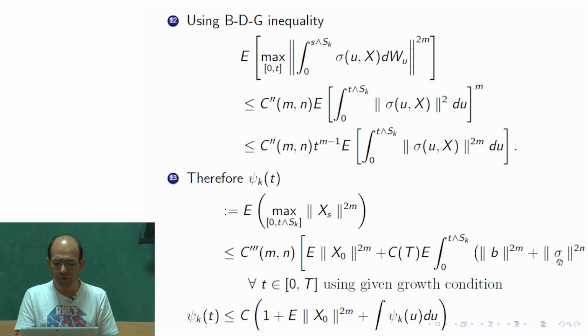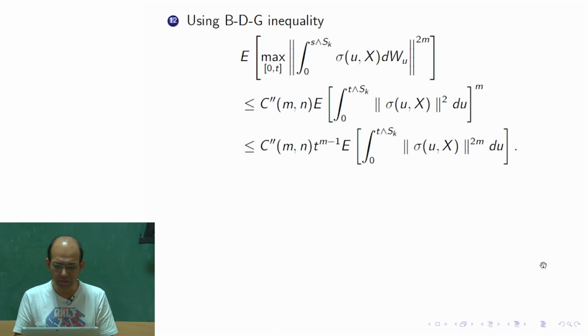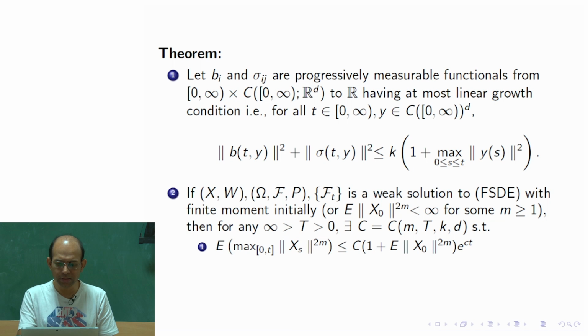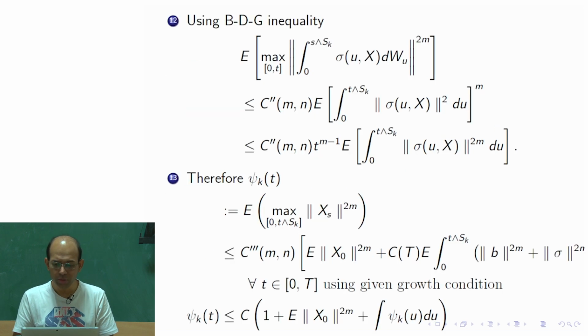So, when you use the growth condition, we are going to get some constant L, and then some small k times this to the power of this square. So, what is inside would appear here. So, when you do that, x to the power of 2m etc. would appear. And by the way, the maximum of that thing in expectation is psi k.